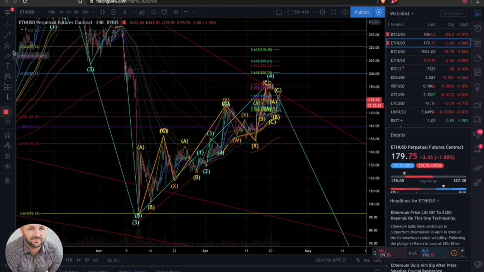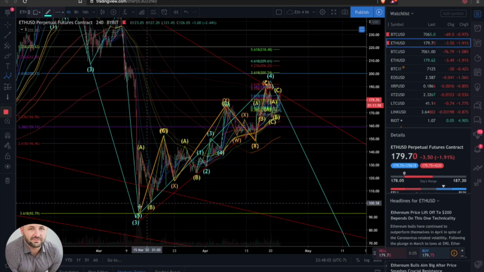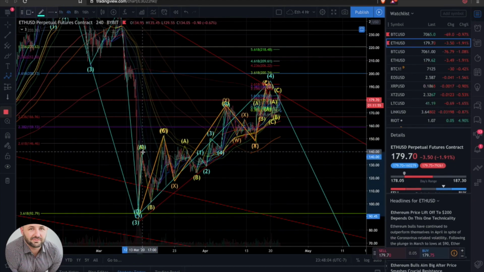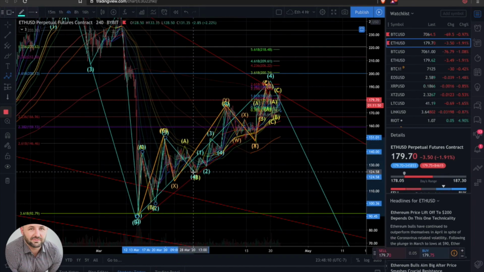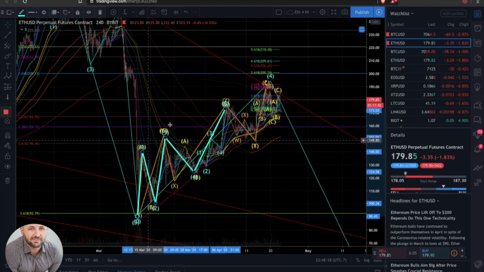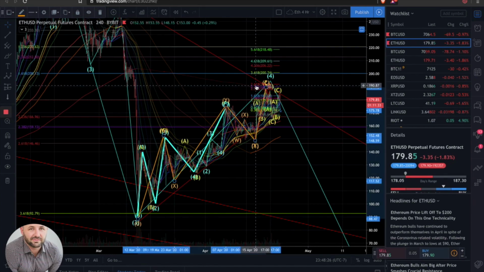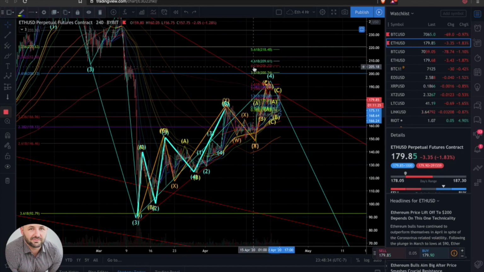The only way you could label it from what I look at is if this was a five wave, came back down, and then we drop out, and then this is starting our wave one of our wave three.